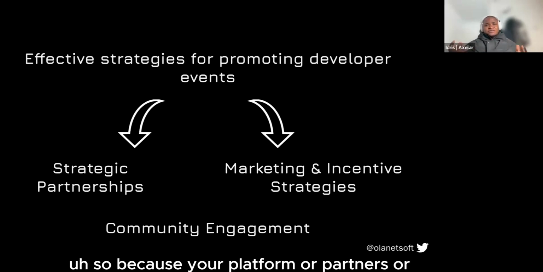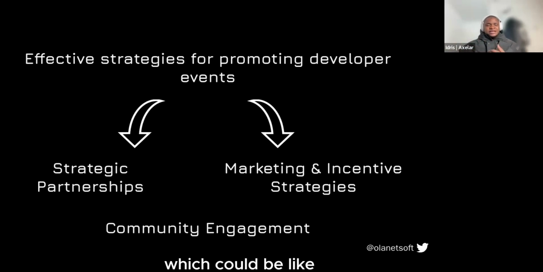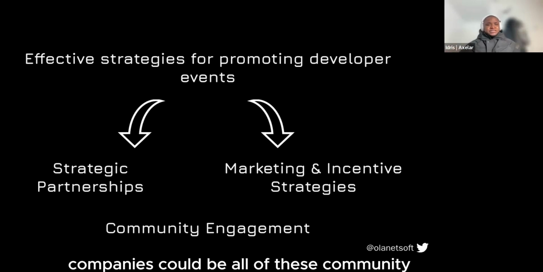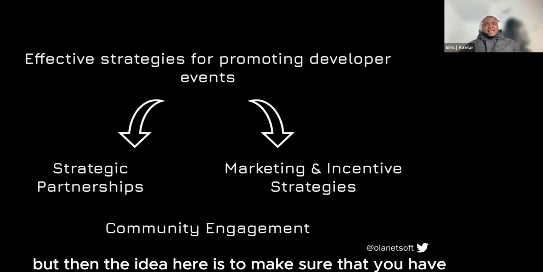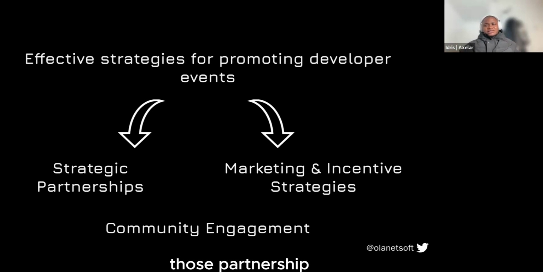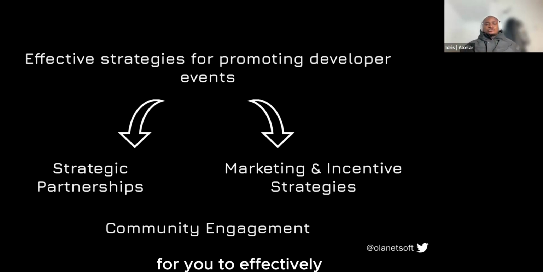Your partners could be institutions, companies, or developer communities and all of that. But the idea here is to make sure those partnerships happen so that you effectively promote that particular event within the developer community.